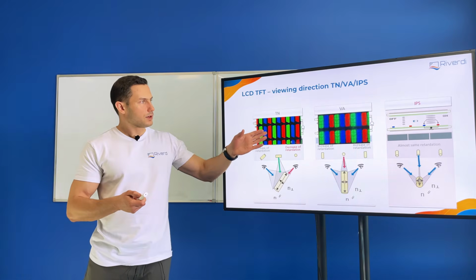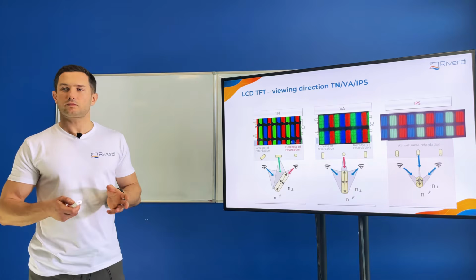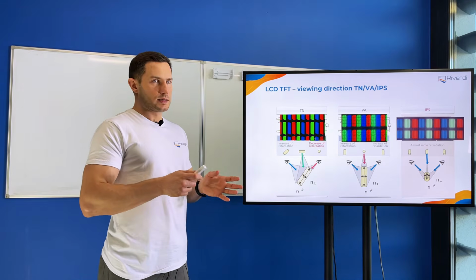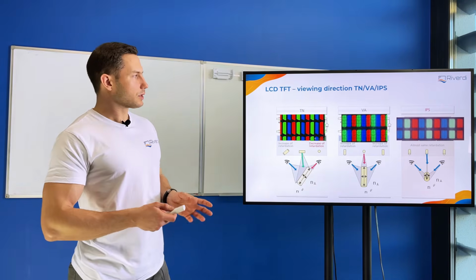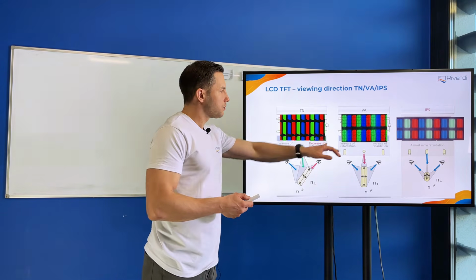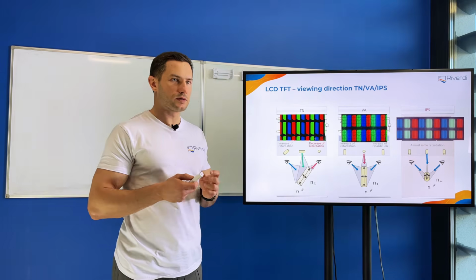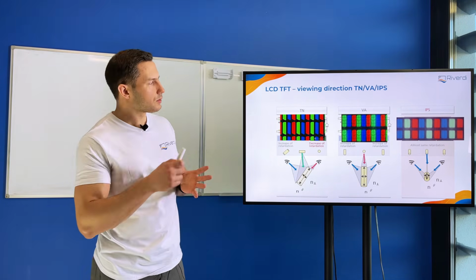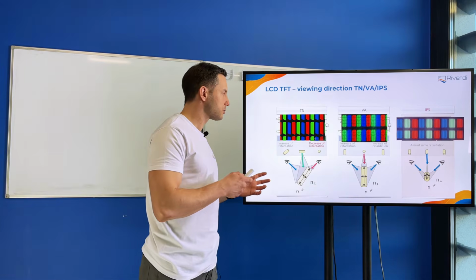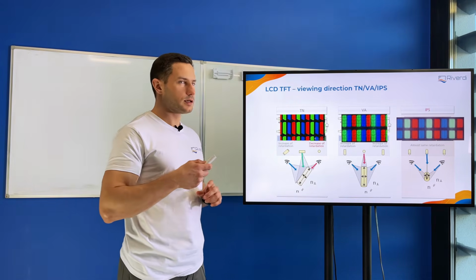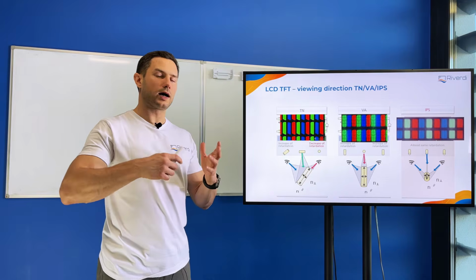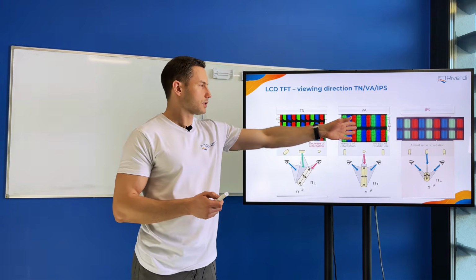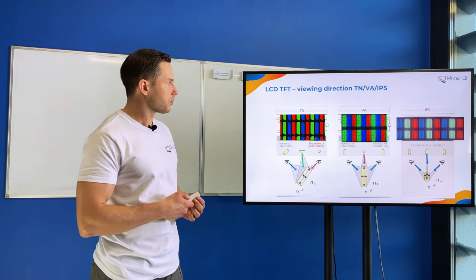But if we would see the VA or IPS displays, most displays, they will have like subpixels of the subpixels, yes, so it's even more complicated. And then we have the subpixels divided into the smaller parts where we put different organizations of the liquid crystals inside. And in this way we can achieve even wider viewing angles and even better colors for the user, but of course it's more complicated and more expensive to do.